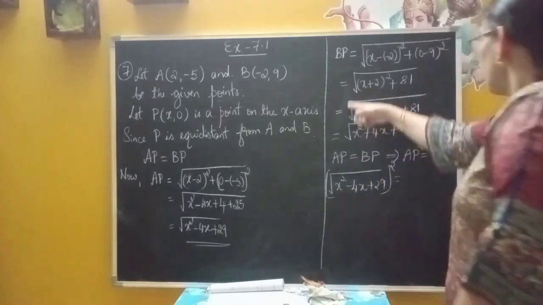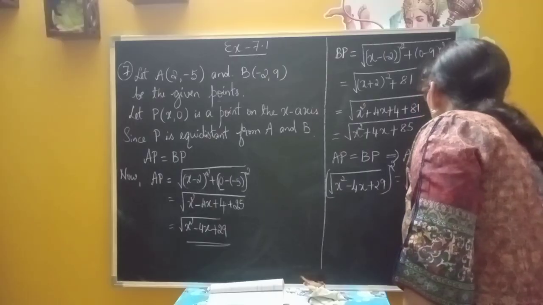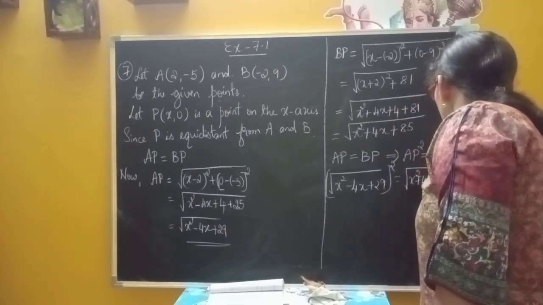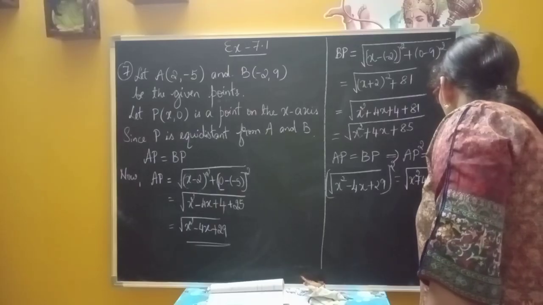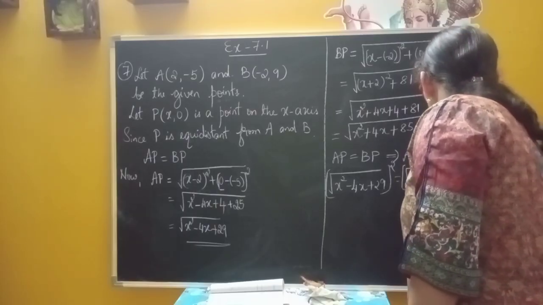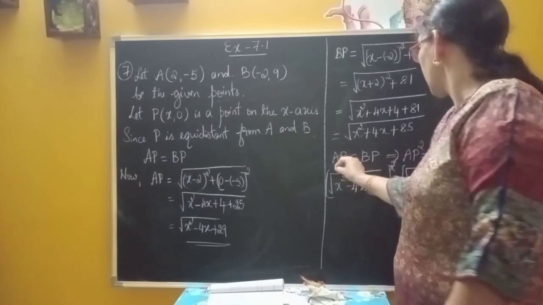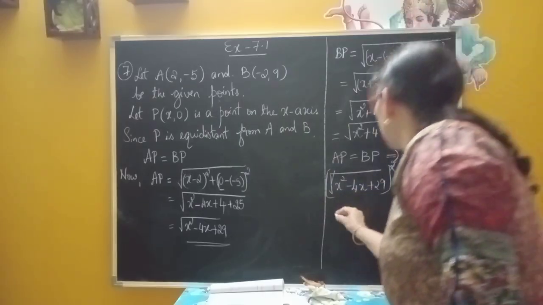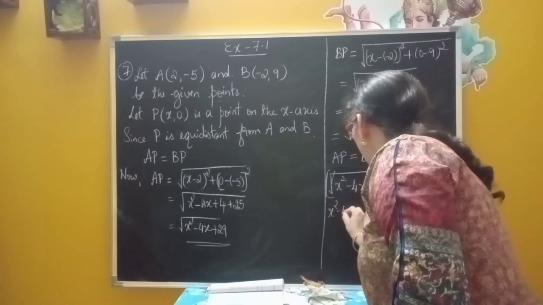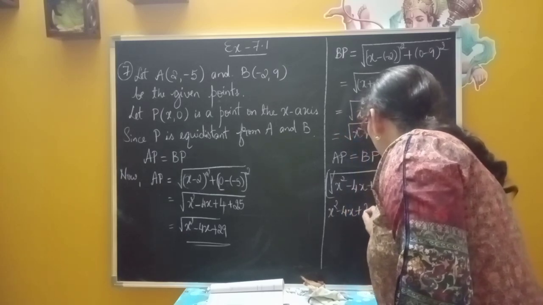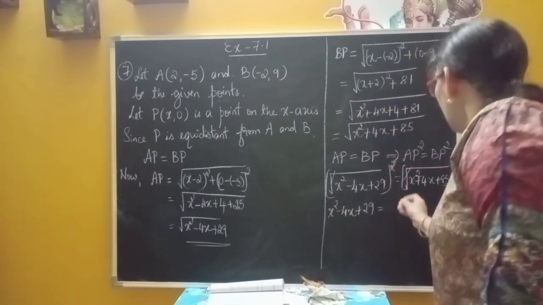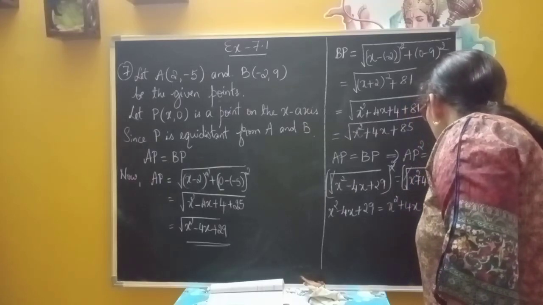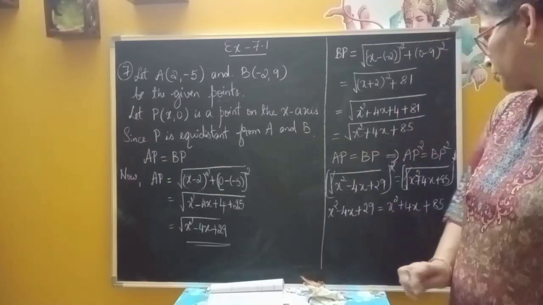Here BP, that is square root of x square plus 4x plus 85, square of this. Square root sign gets cancelled. So what remains? Only x square minus 4x plus 29 is equal to x square plus 4x plus 85.